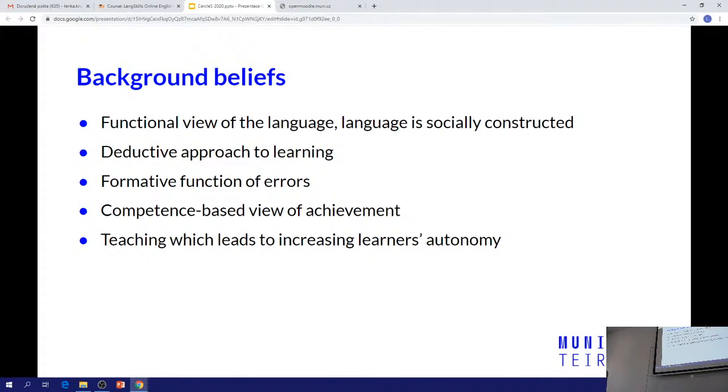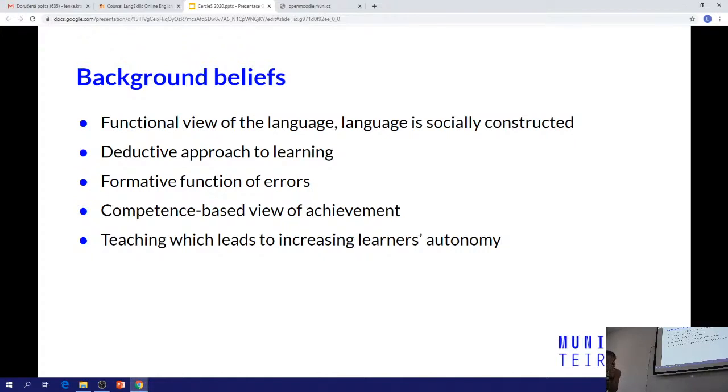We also adopted the deductive approach to teaching and learning, which, based on the experience that we share, not only the 2 of us in the center, but also based on research, seems to be the approach that's more beneficial to this particular group of students, but not only to this group.